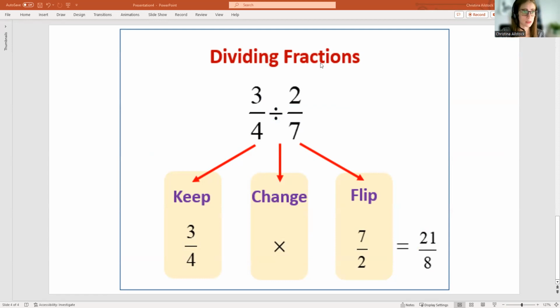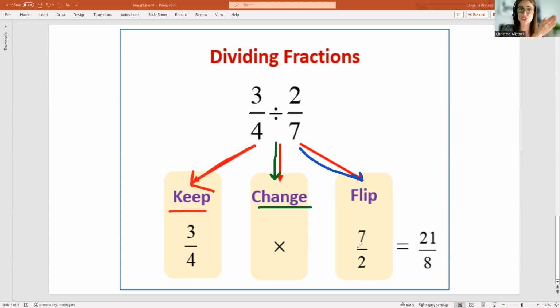So we keep that first fraction the same. So the 3/4 stays a 3/4. And then we change our division sign to multiplication. And then we flip, otherwise known as taking the reciprocal of our second fraction.